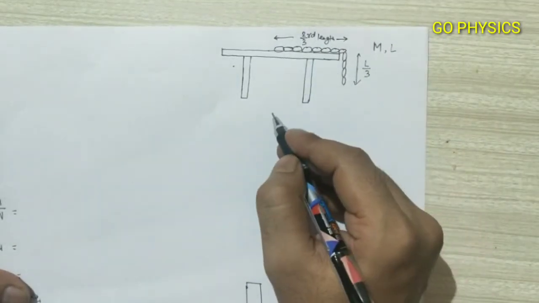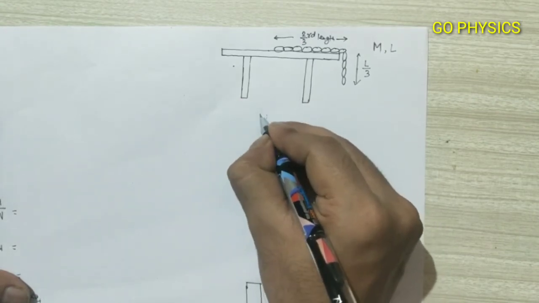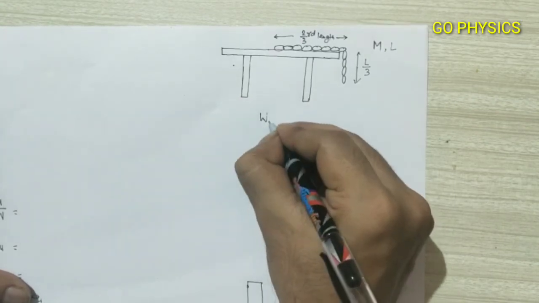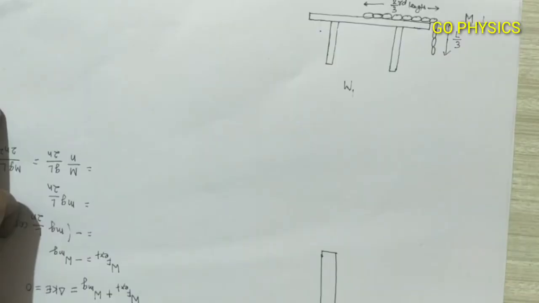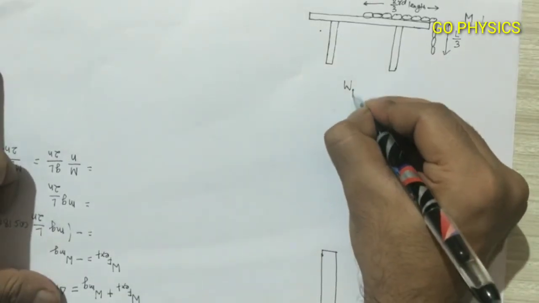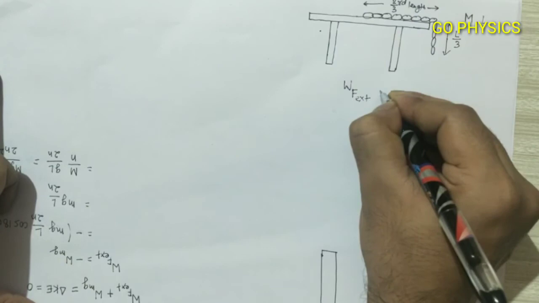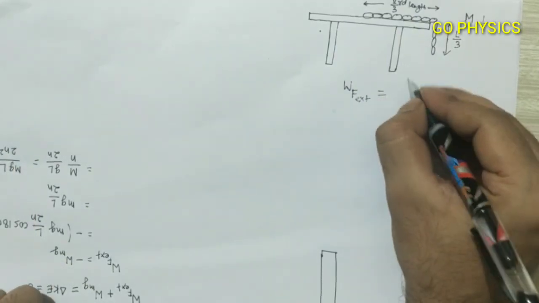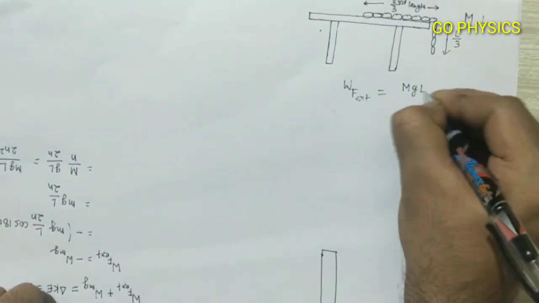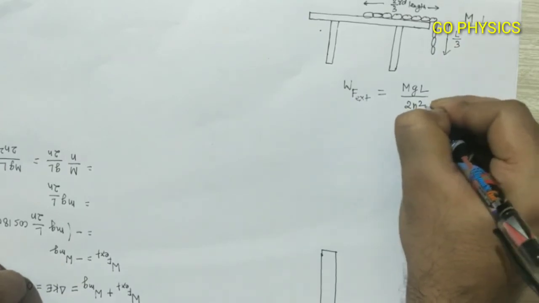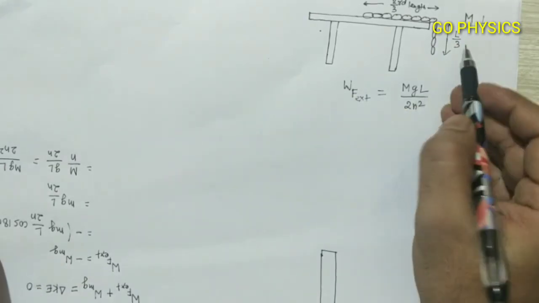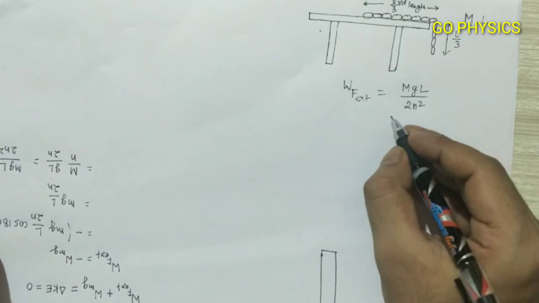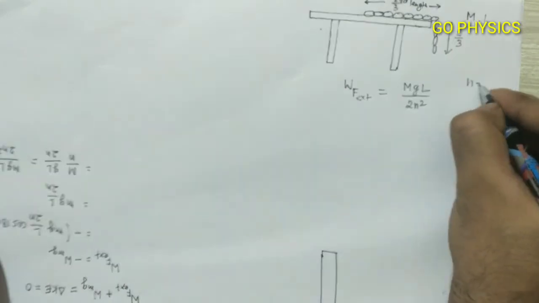So as we calculated earlier, the work done by the external force is equal to MgL by 2n squared. And what is n here? n here is 3. So put the value of n equal to 3 here.